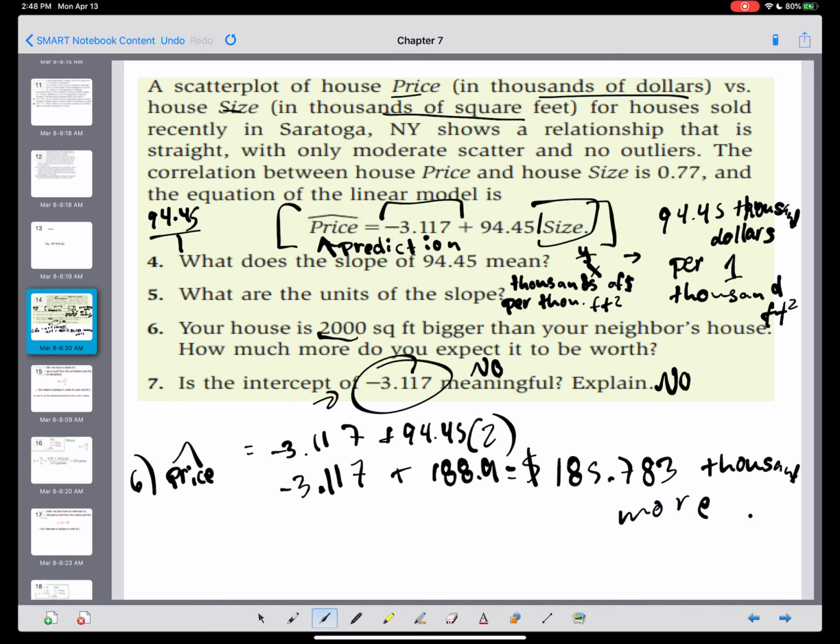So the answer is no, can't have a negative value house. Because remember, the y in this problem would be the price, because the price is by itself, so that's the y value. So the y-intercept is a measurement of price. Okay. All right, moving on.